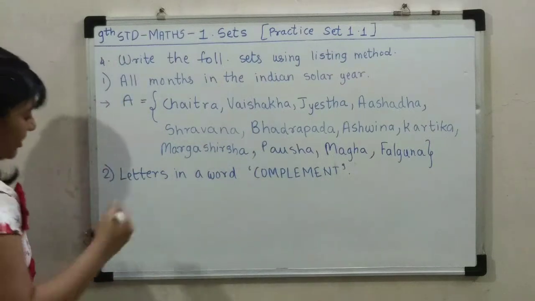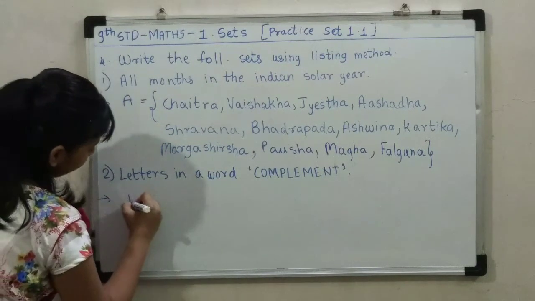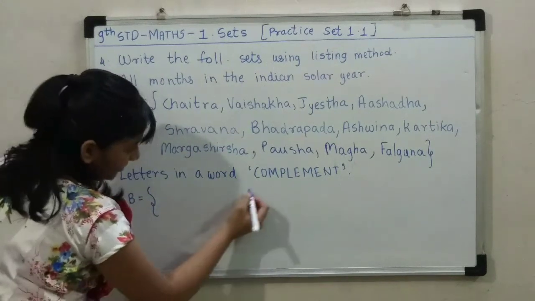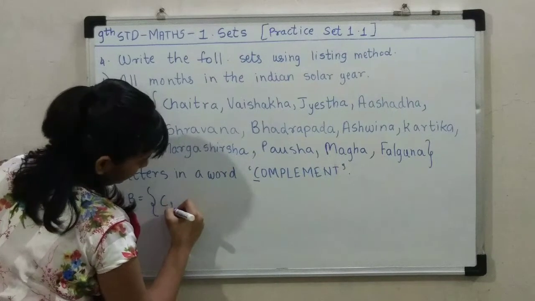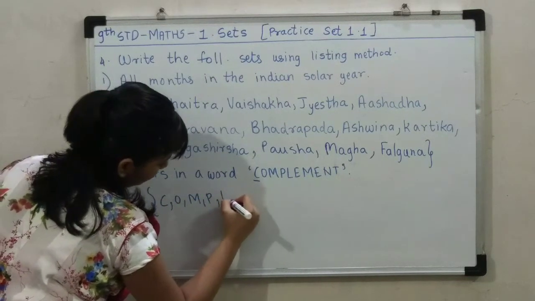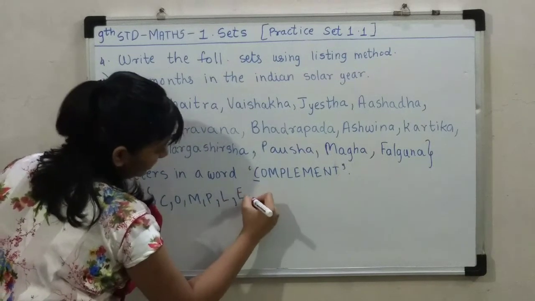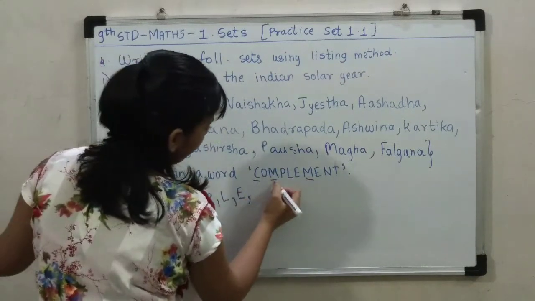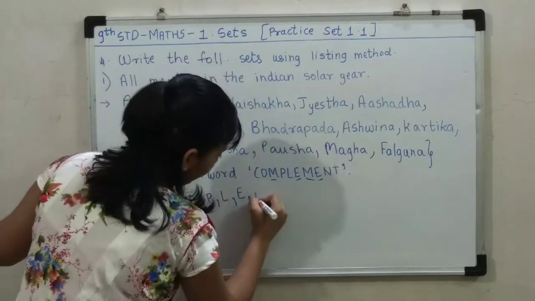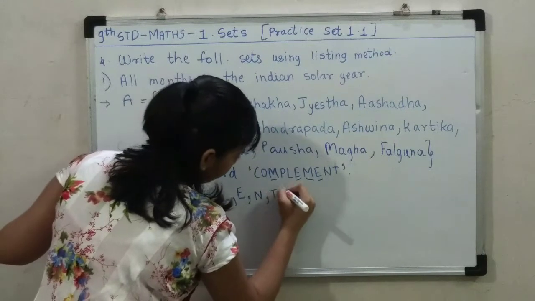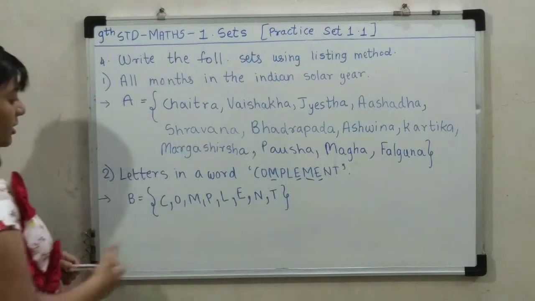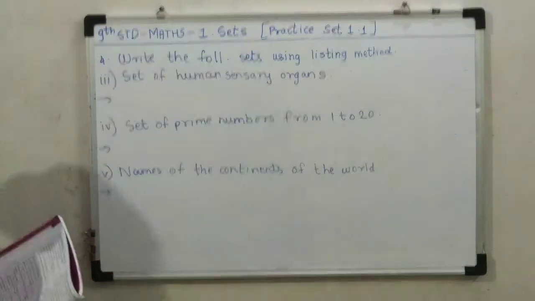So by listing method set B is equal to C, O, M, P, L, E, N, T. M is repeating so we cannot write it again, and E is also repeating. All the members are in capital letters.